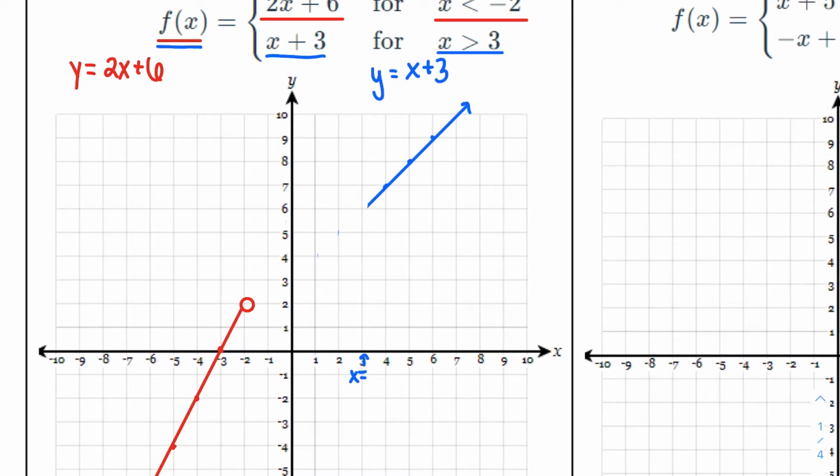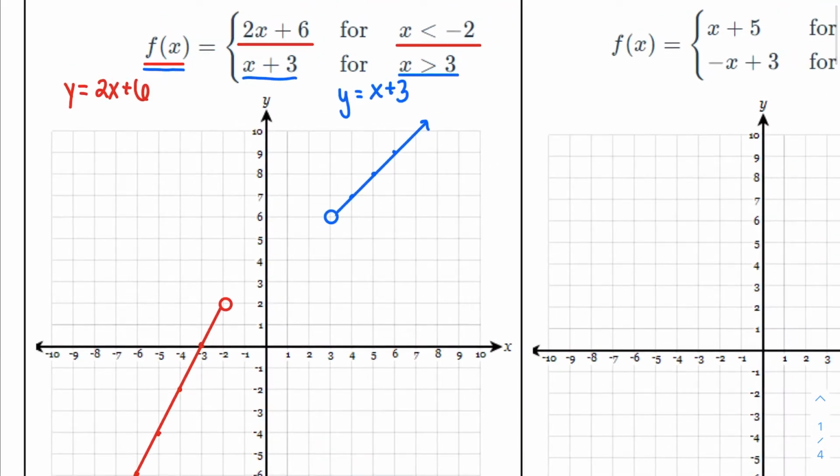It's going to be an open circle because it is just greater than. If it was greater than or equal to, then it would be a closed circle. But those are the 2 pieces to our function. Done. That's it.